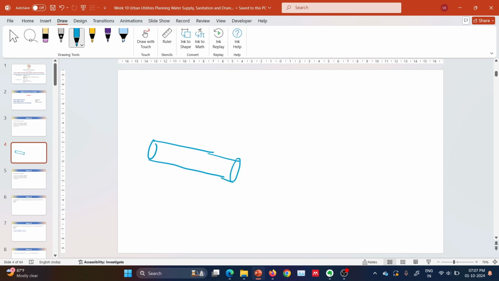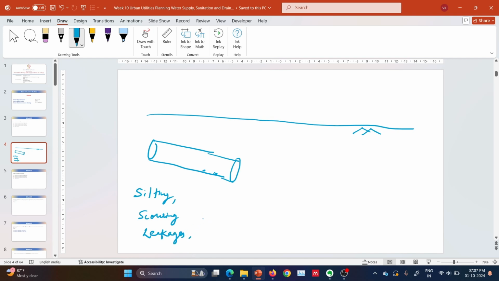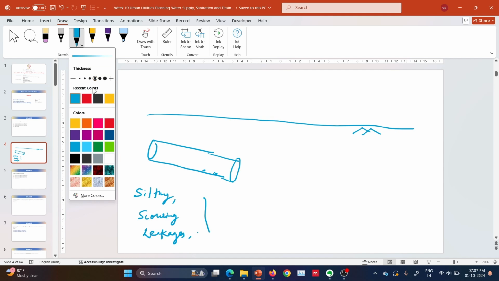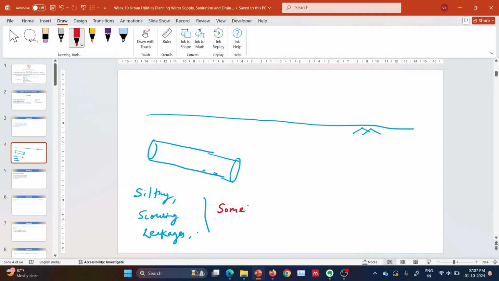Sewers can't be continuous below the ground because there might be silting, scouring, leaks, leakages, and sometimes infiltration into the sewer, which will increase discharge.